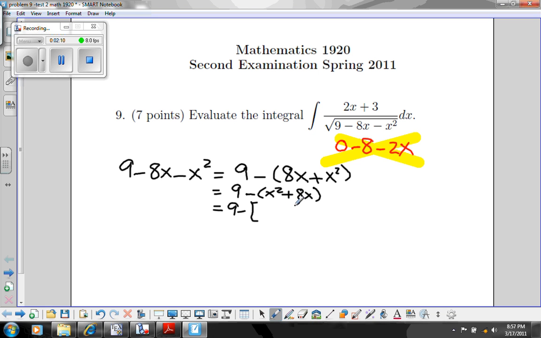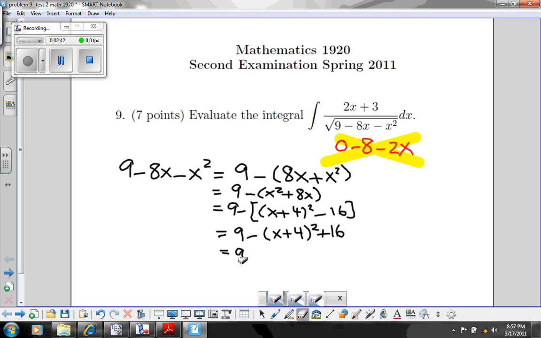You take this 8, divide it by 2, you get 4, so you get x plus 4 squared. And so this gives you the x squared plus 8x. You're going to have an extra 16, so subtract 16 here. Okay? And go back, and you get 9 minus x plus 4 squared. This negative on the outside times this negative on the inside gives you plus 16. So we actually get 9 plus 16, which is 25, minus x plus 4 squared.